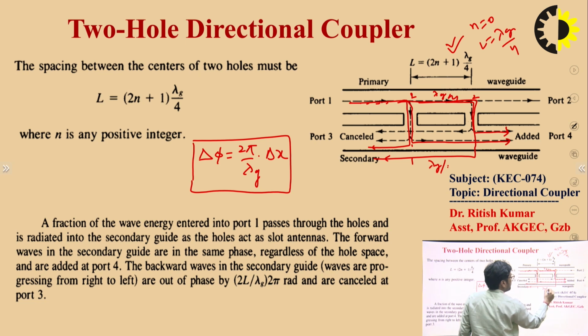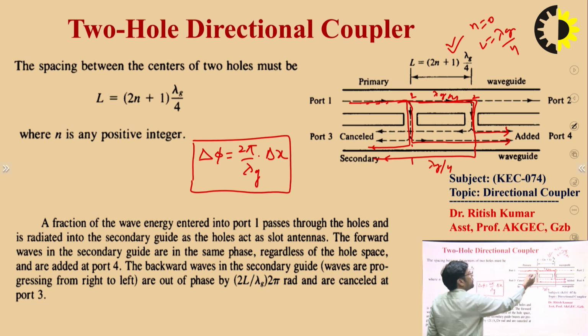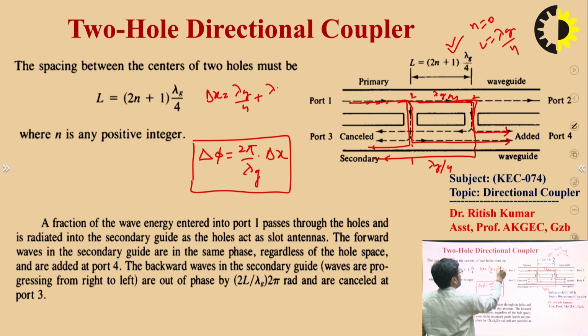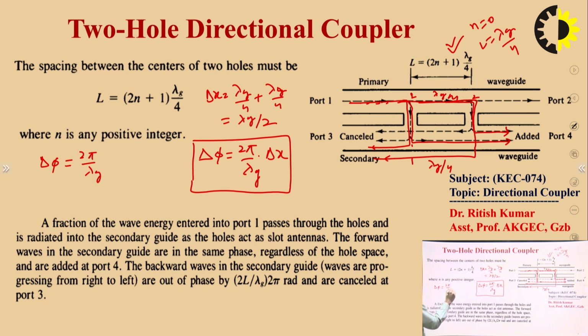The total path difference is lambda g by 4 plus lambda g by 4, which becomes lambda g by 2. If you find the phase difference, 2 pi by lambda g times lambda g by 2 becomes pi.